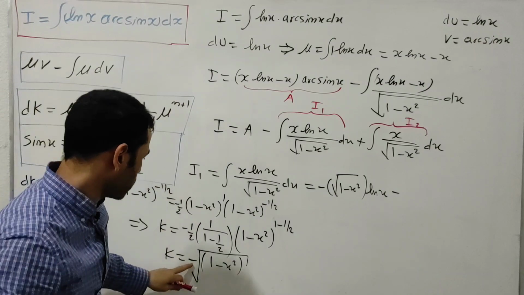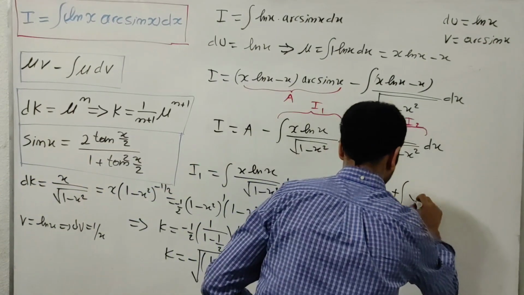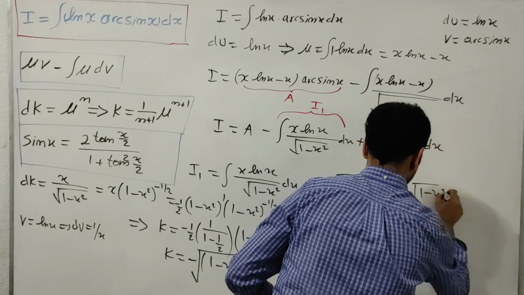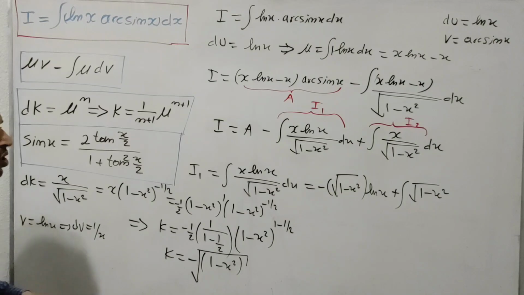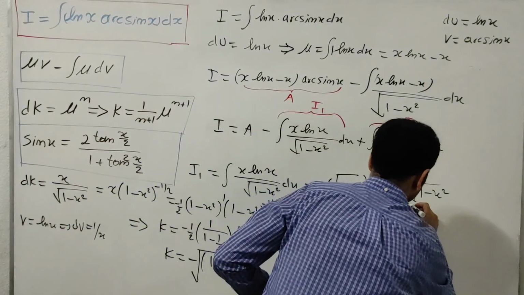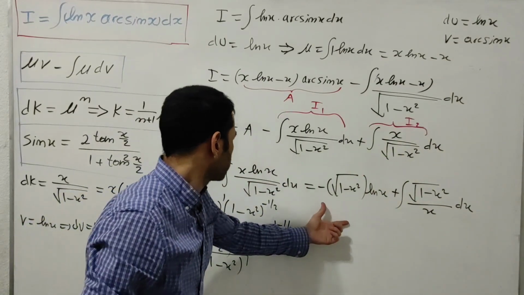So with this minus sign it becomes plus the integral of square root of 1 minus x squared multiplied by the derivative function of natural log of x, which is 1 over x, dx. So it's giving me this one.